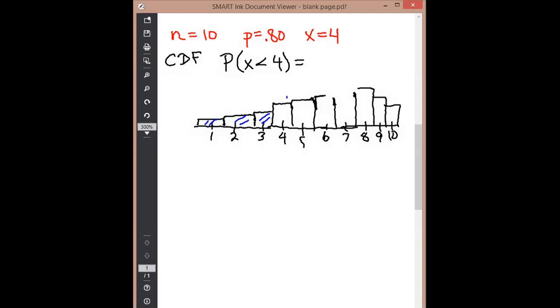That's the same as the probability that x is less than or equal to 3. So you always have that "or equal to" in your cumulative distribution function. So what we would be doing is adding these three probabilities together. If you go back to the chart and look at your binomial chart, that's 0.001.